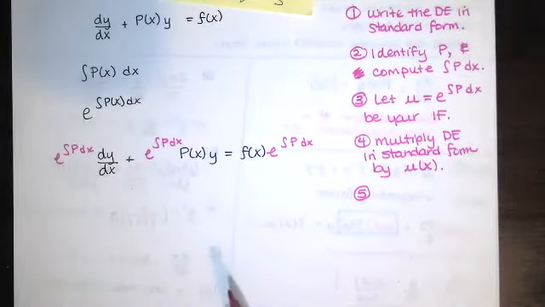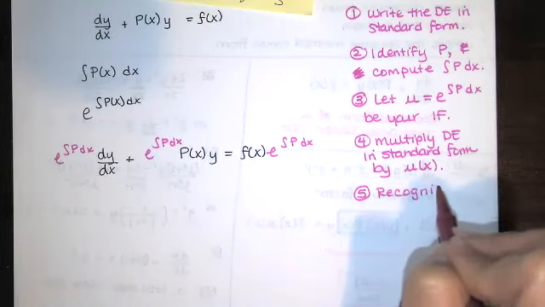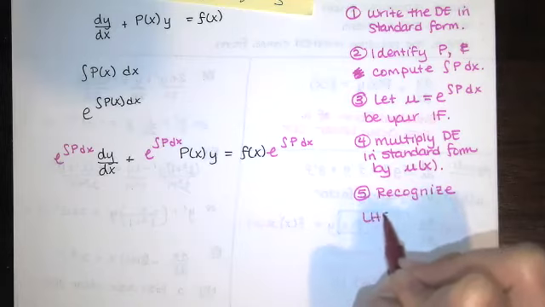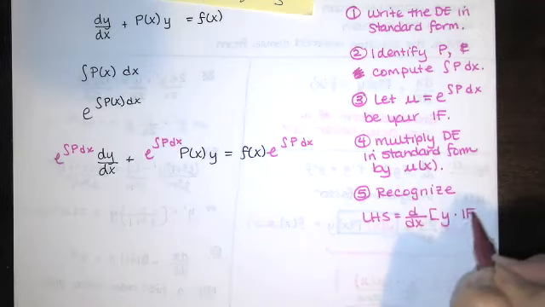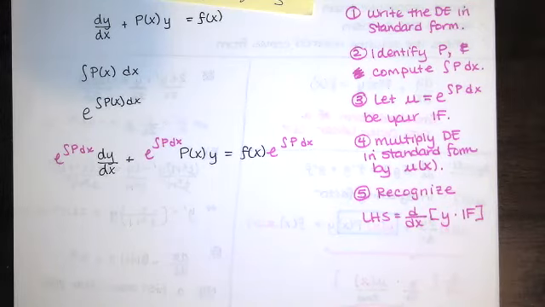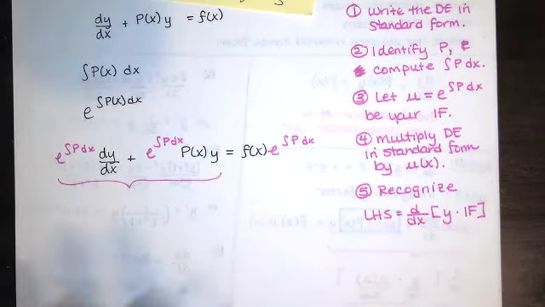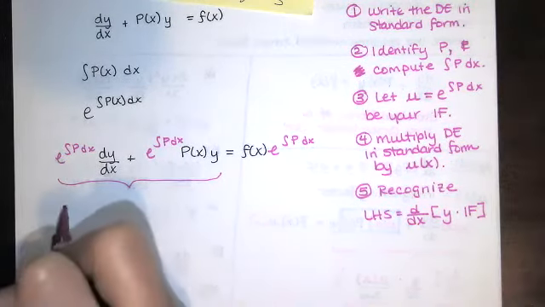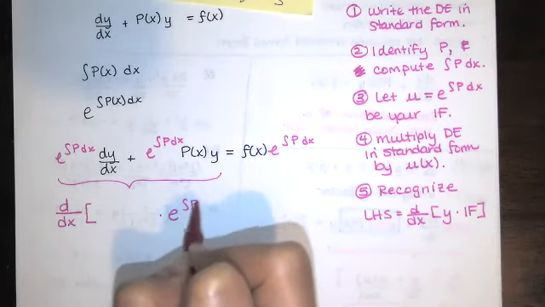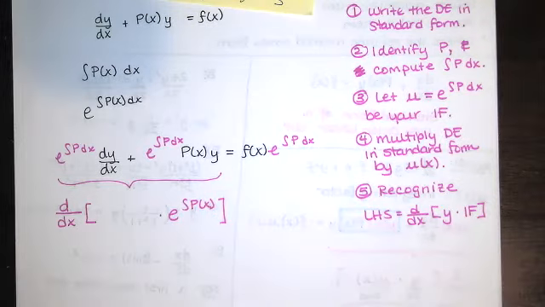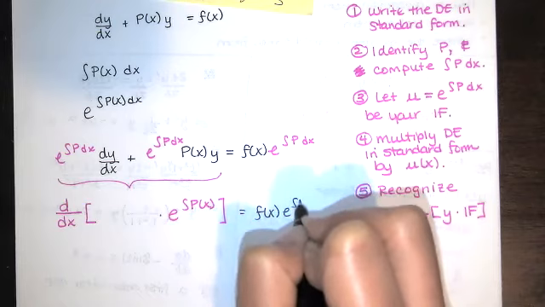If you've done everything correctly, then the left-hand side will be the derivative with respect to x, or your independent variable, of your dependent variable times your integrating factor. So you should check. You should use the product rule to check. If we've done everything correctly, this should be the derivative with respect to x of y times the integrating factor. And you've still got your function times e to that power over here.